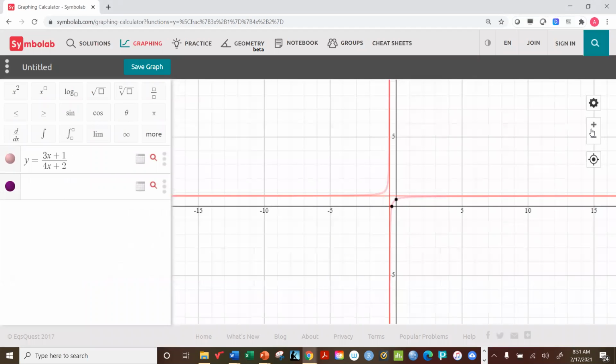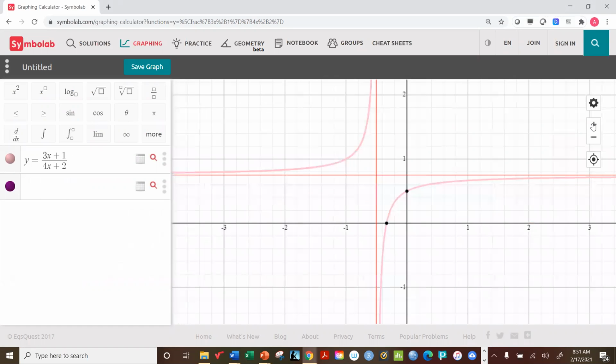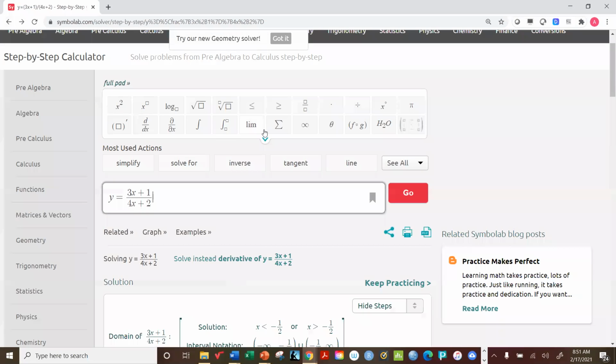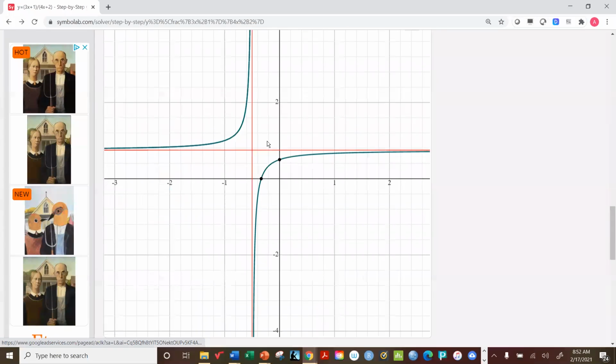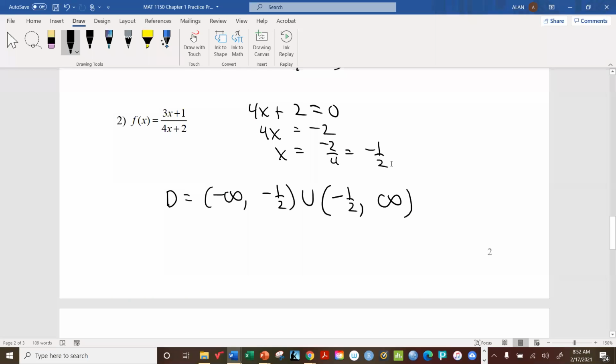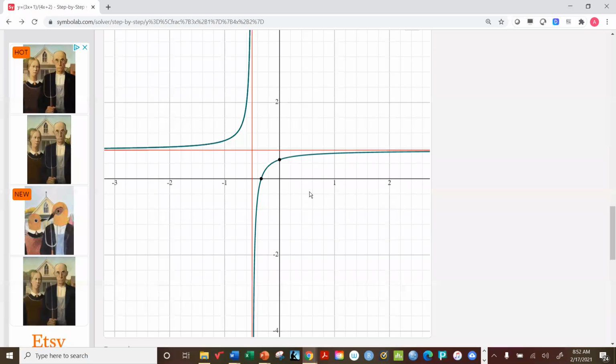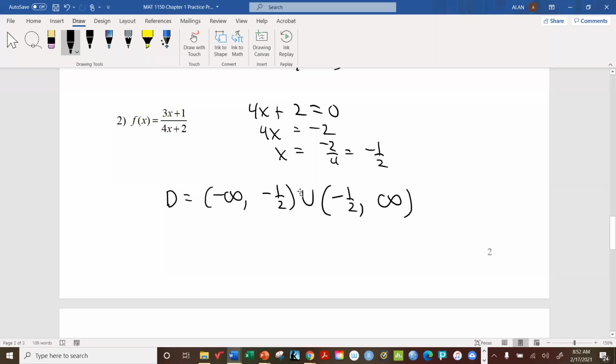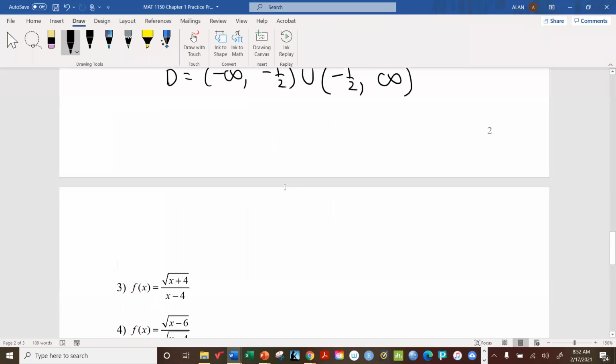That's my opinion. I don't know why they do it that way. But anyway, it does prove what we were saying, that there is an asymptote at negative a half because that's where the function would have a discontinuity since we cannot divide by 0.